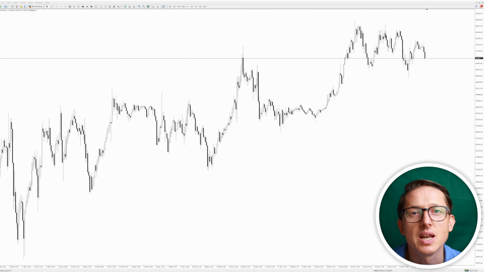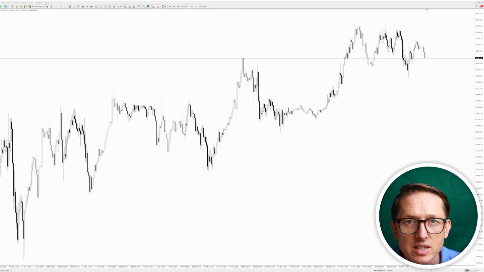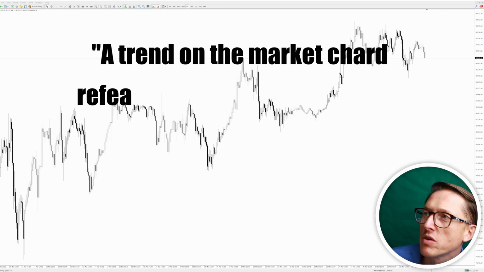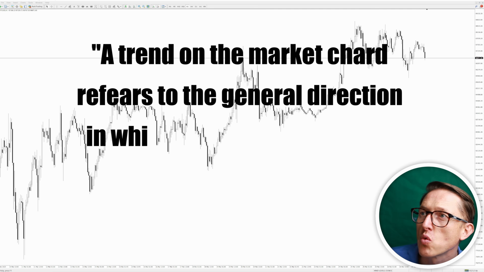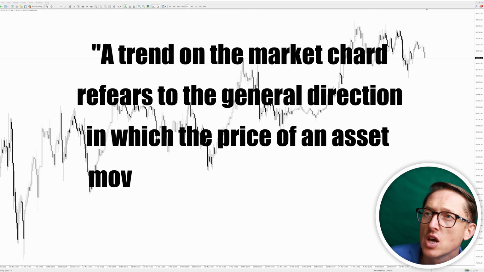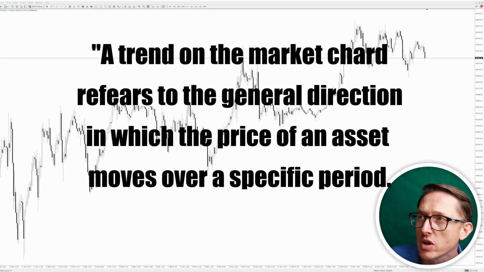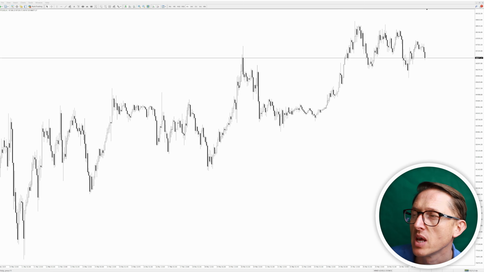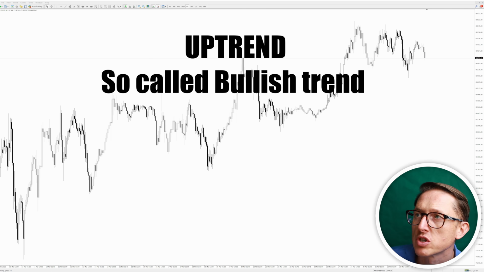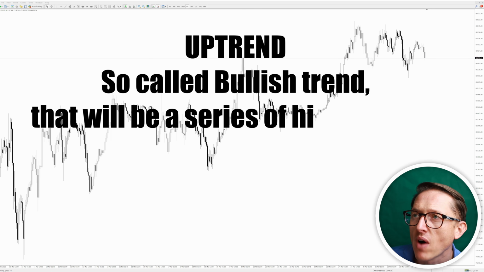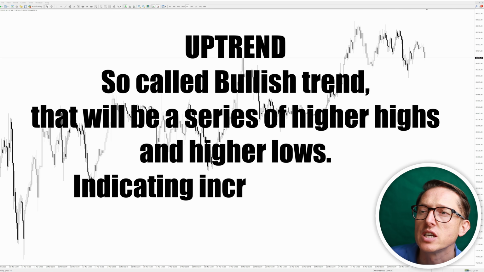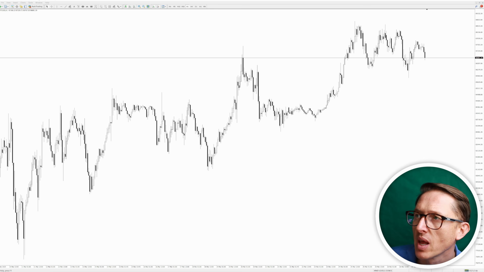And now let's define stuff first. What is a trend? A trend on the market chart refers to the general direction in which the price of an asset moves over a specific period. Trends can be categorized into 3 types. Uptrend, so-called bullish trend, that would be a series of higher highs and higher lows, indicating increasing price.